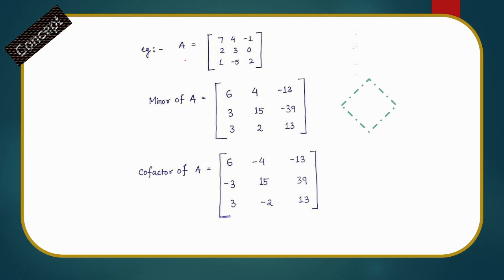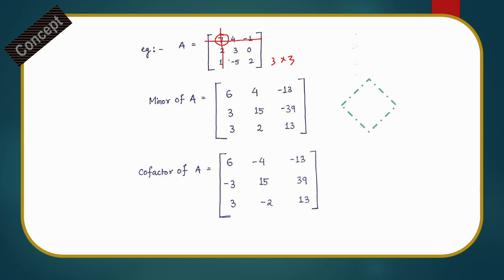And here is an example of a 3 cross 3 matrix. So let's calculate the minor of A first. For calculating the minor, let's suppose we want to calculate the minor of 7. We have to delete this row and this column, remaining part is this.